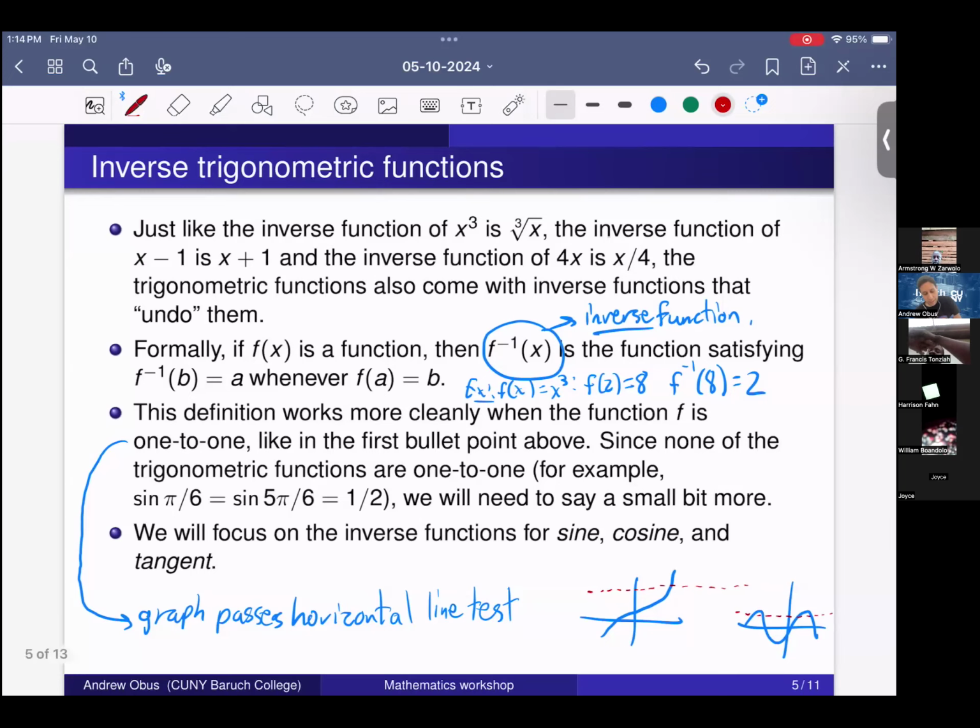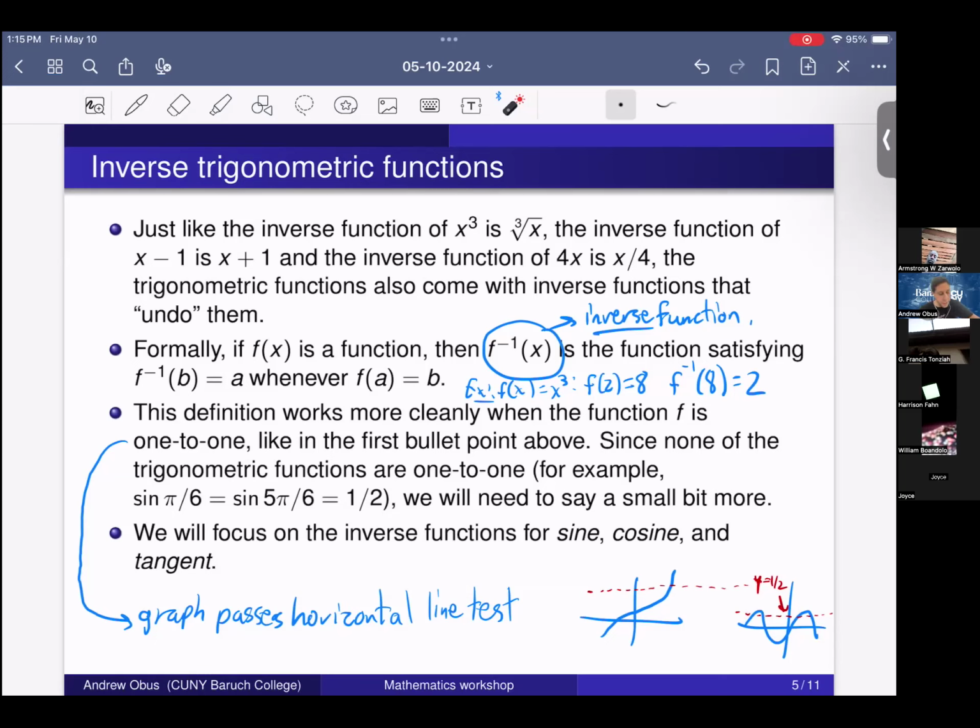So if this horizontal line is at y equals 1/2, then it's passing through at many points, and it's going to meet the graph at x equals pi over 6, and it's also going to meet the graph at x equals 5 pi over 6, and many other points also. It's also going to be at x equals minus 7 pi over 6, and x equals minus 13 pi over 6, minus 11 pi over 6. There's going to be a whole lot of points where it's going to hit the graph.